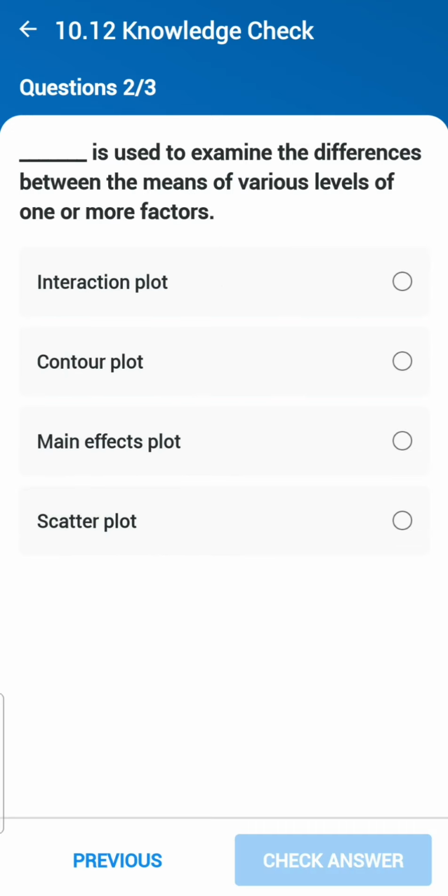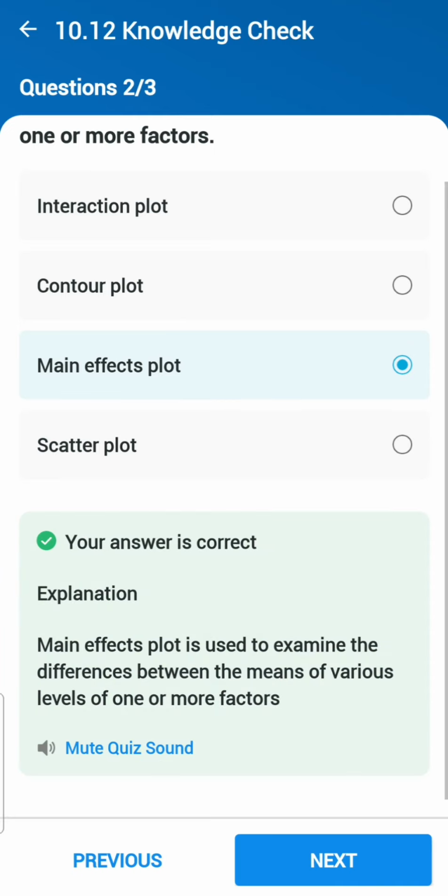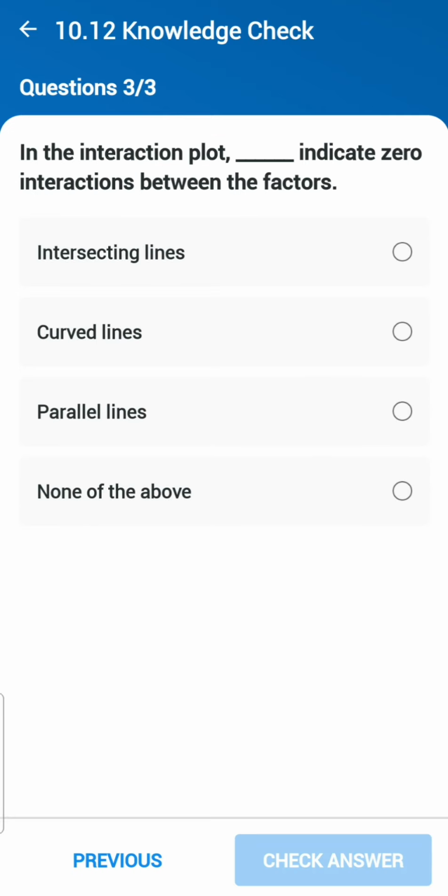That's right. And the next one: what is used to examine the difference between the means of various levels of one or two factors? We can use the main effects plots. And in the interaction plot, which indicates zero interaction between the factors: intersecting, a curve, parallel, or none of the above? Parallel.